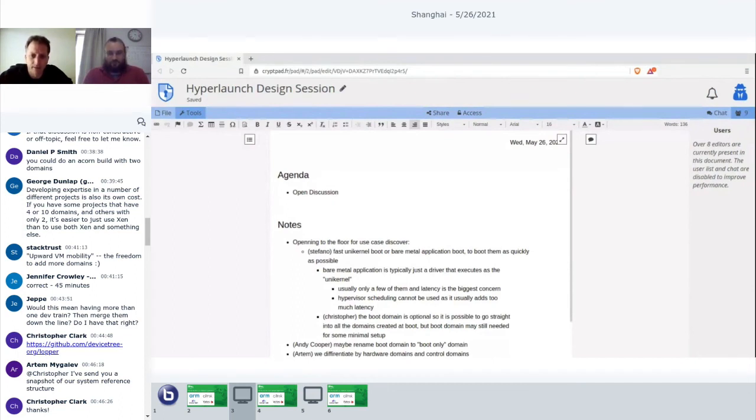PCI pass-through is the big one that we've kicked slightly out of scope for our initial work. It is really important, and it's going to be highly complementary to Hyperlaunch to be able to do pass-through of PCI devices right from the start of your initial set of virtual machines, so they don't start off assigned to Dom0.